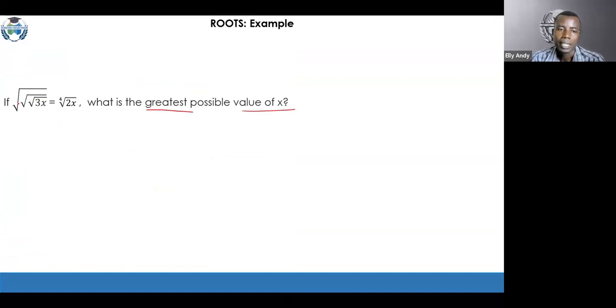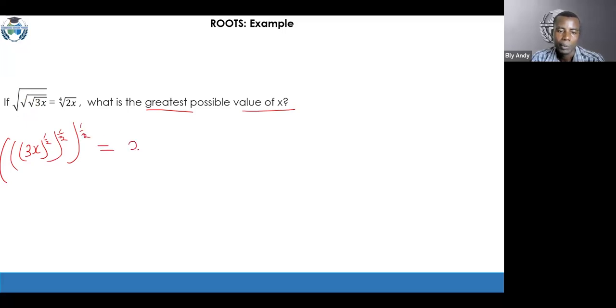Remember, we said that a radical, like a square root or a third root, is just an exponent in another way. Finding the square root of a number is the same as raising it to power a half. So you can say that the square root of 3x is the same as 3x raised to power a half. Then we have the other half for this second one, and the third one for the third case.